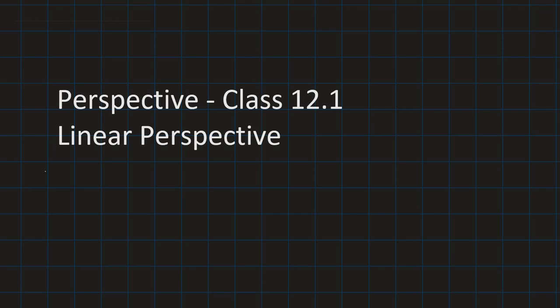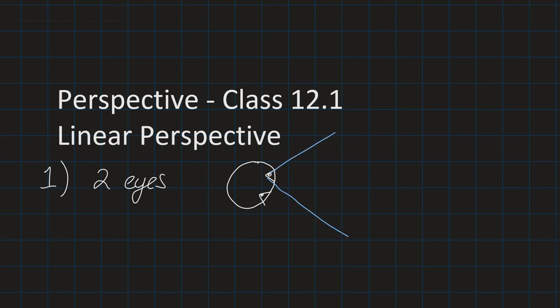One difference is that for the most part, most humans have two eyes. So if I try and draw a picture of a human with two eyes, each eye sees a different picture.